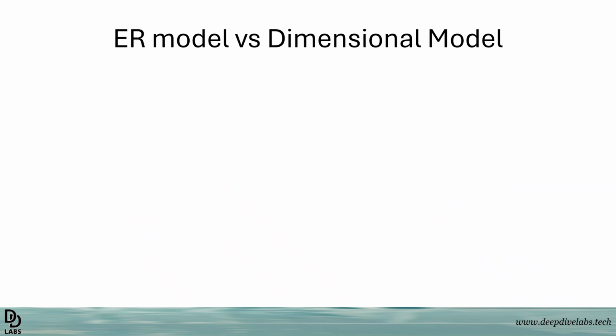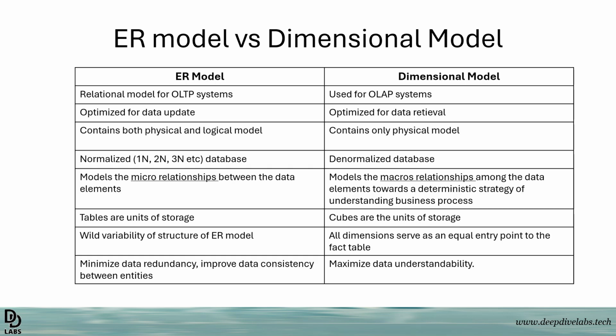Now that we have seen fact and dimension modeling, let's take a step back and compare it with the entity relationship model that we looked at when we did RDBMS, right? This helps us see the difference.